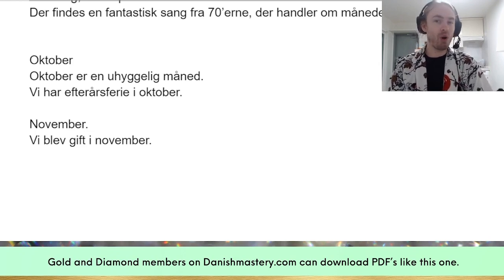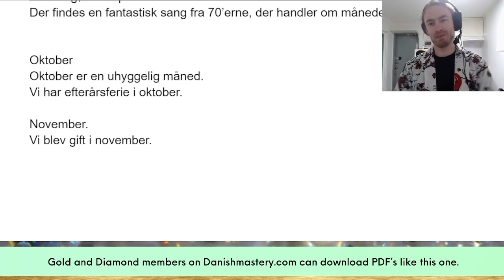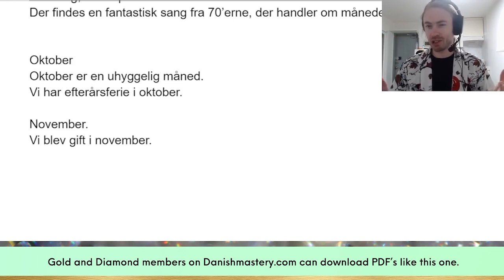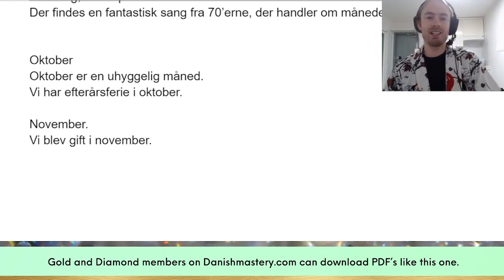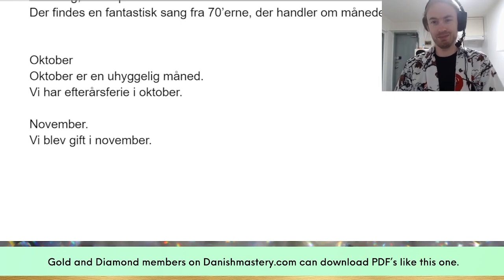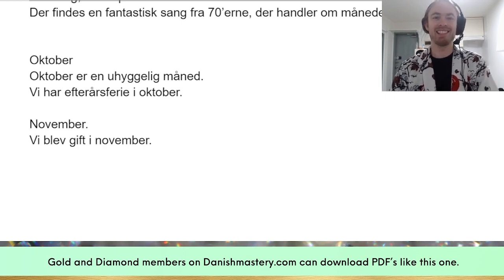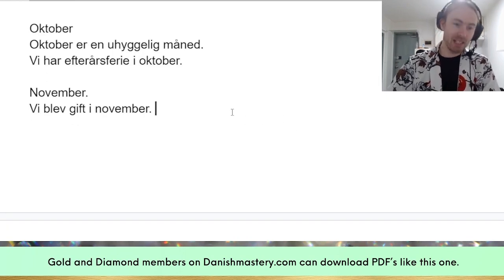It's efterår. What's efterår? That is autumn, fall. So it's our autumn holiday in October. It used to be called kartoffelferie, potato vacation, because of the farmers and all that. I'm not so much into farming, but that's what it was. Vi har efterårsferie i oktober. Nice. Okay, and we got November.